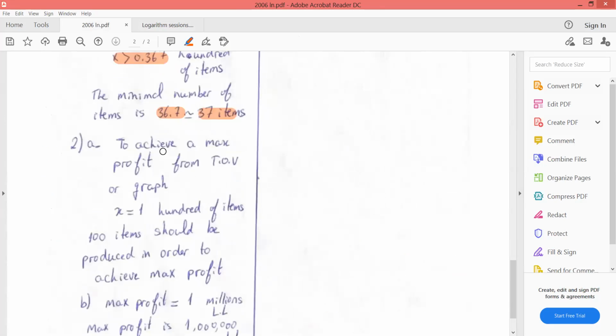So to achieve a maximum profit, from the table of variations or graph, x equals 1, in hundreds of items.